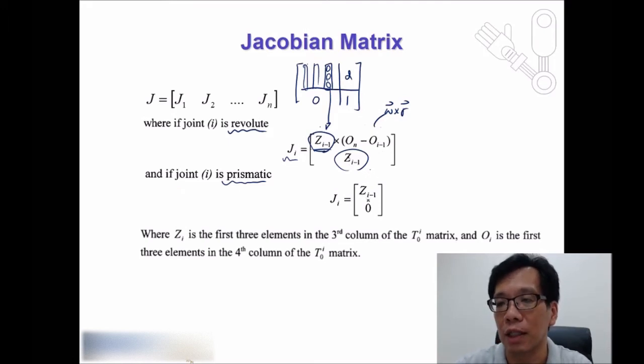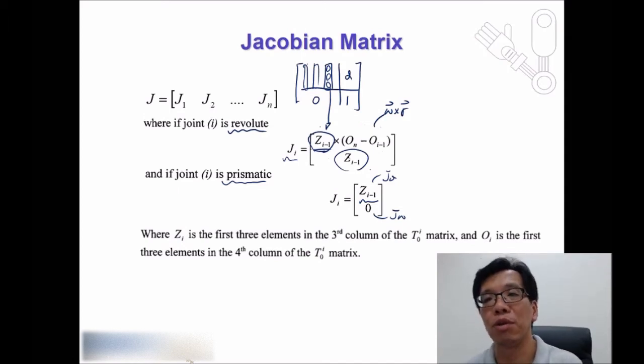So with that said, you need to put Zi minus 1 as your JV, and 0 as your J omega. Those are the important formulas you need to remember when you start to build your Jacobian matrix.